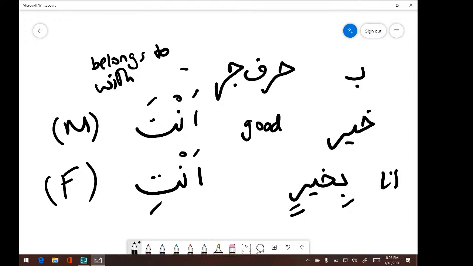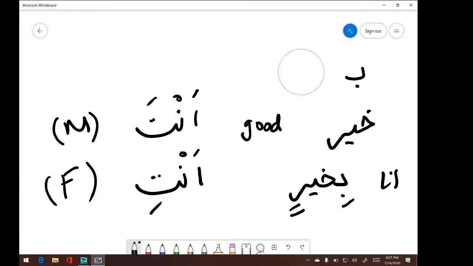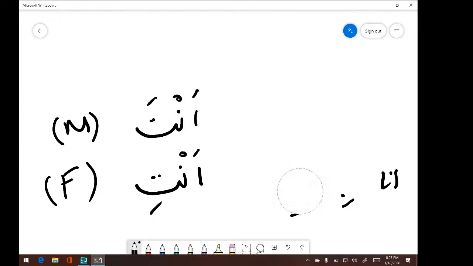When you translate, you just say you, because in English we don't really have a difference. But in Arabic, when you want to say you to a male, anta with a fatha. When you want to say you to a female, anti with a kasra. Okay, translate. I am from Syria. Next two lines, Brother Yaqub.